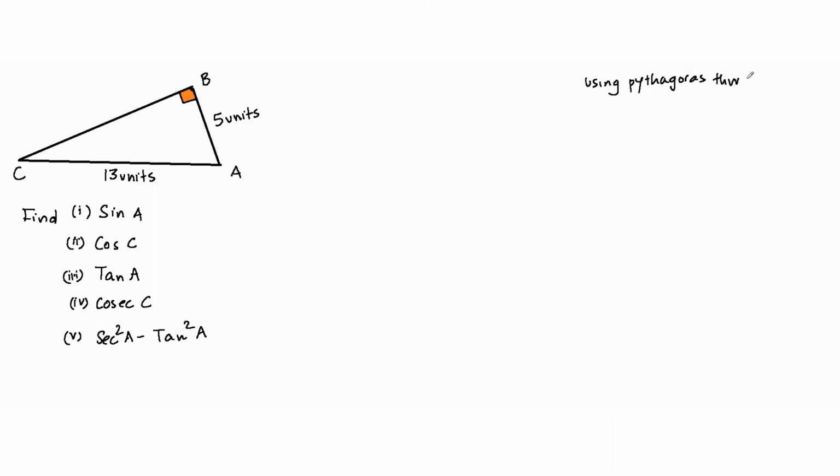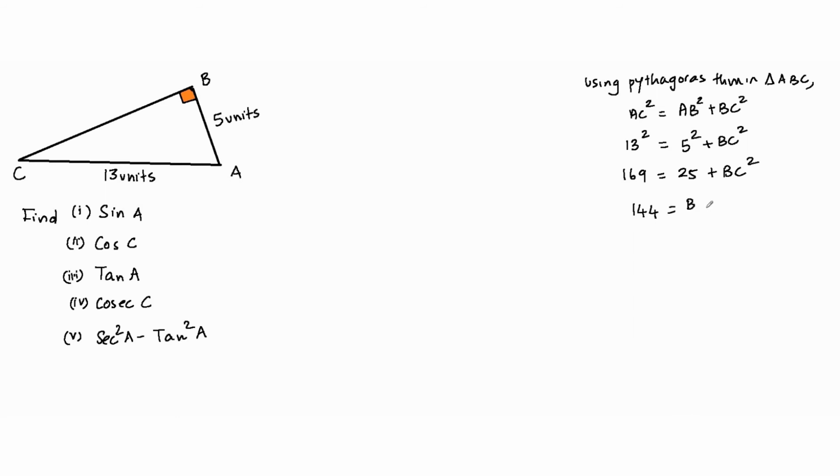In triangle ABC, we get AC square is equal to AB square plus BC square. AC square is 13 square, which is equal to 5 square plus BC square. So 169 is equal to 25 plus BC square. So 169 minus 25 is 144. 144 is equal to BC square, which means BC is 12 units. So the length BC is therefore 12 units.